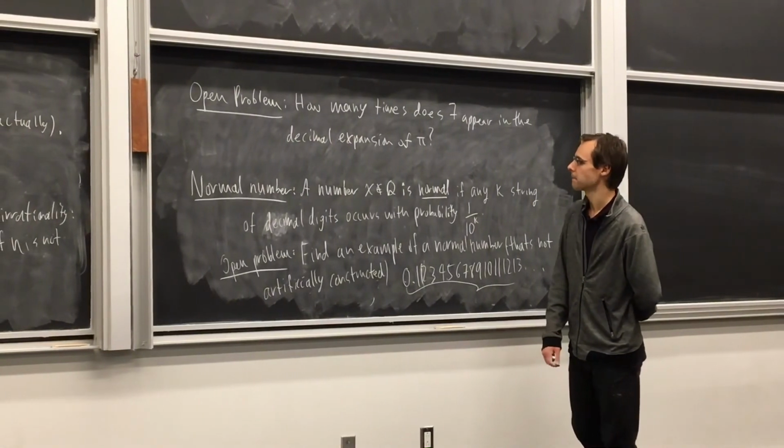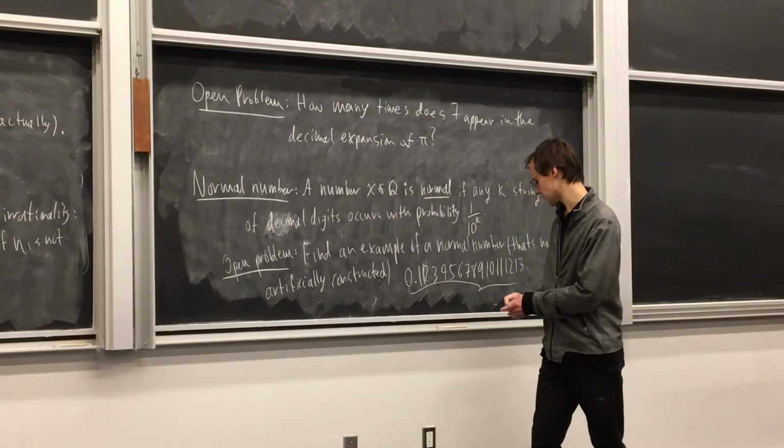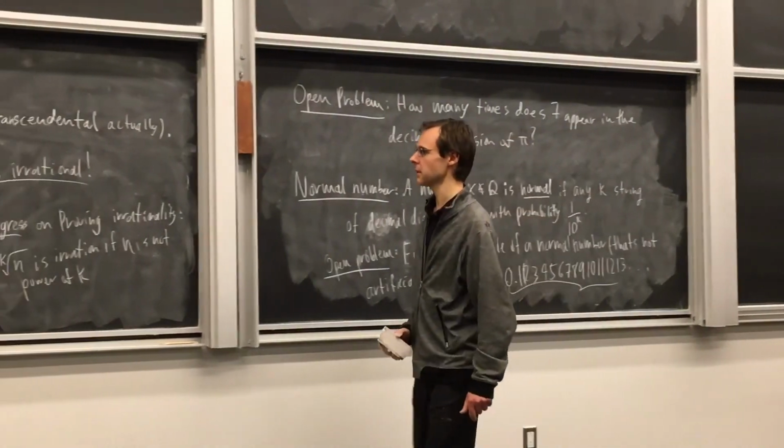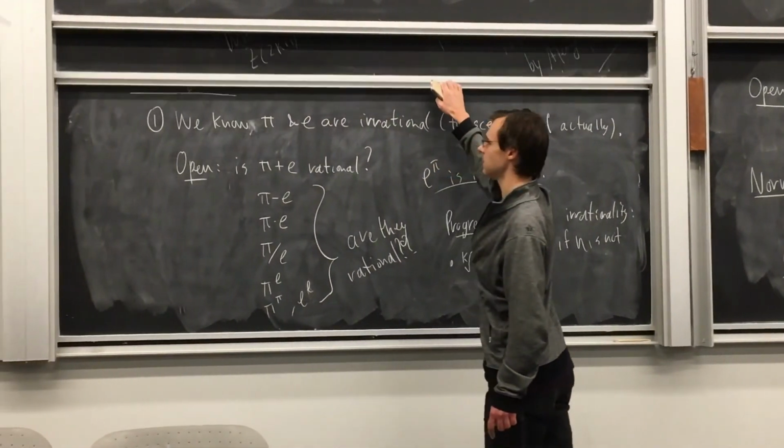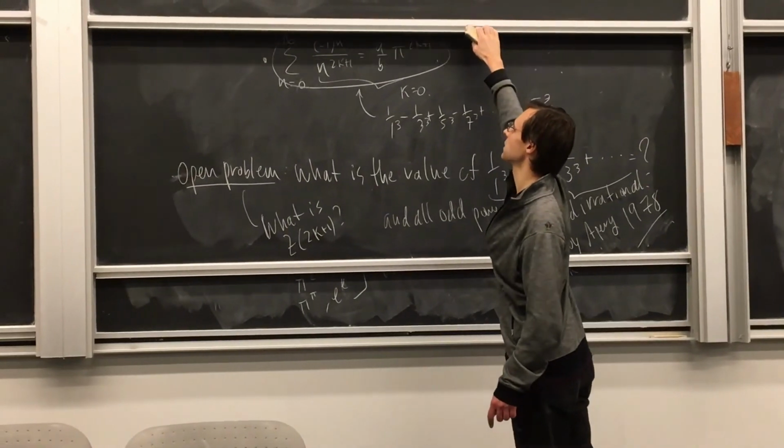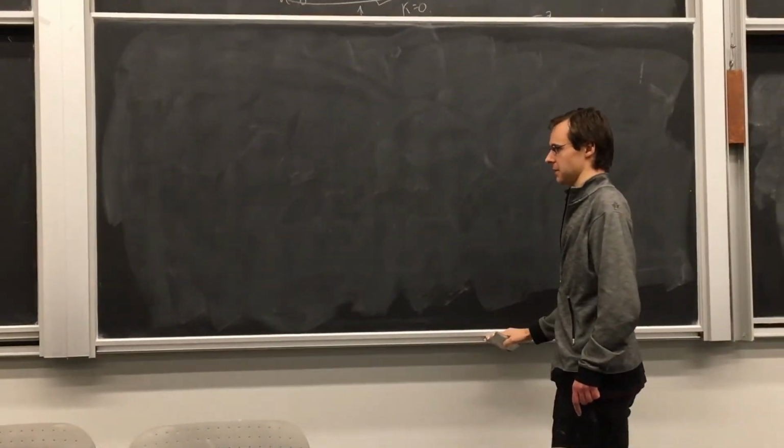A little bit about the progress, because the progress here is pretty interesting. It was proved in 1909, I believe it was, that most numbers are normal in the following sense.